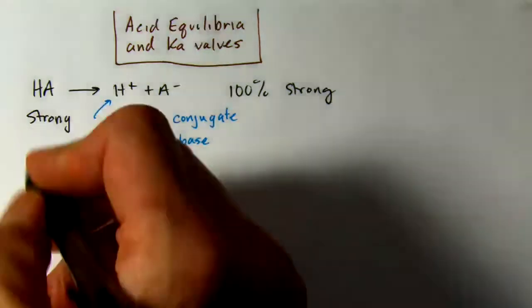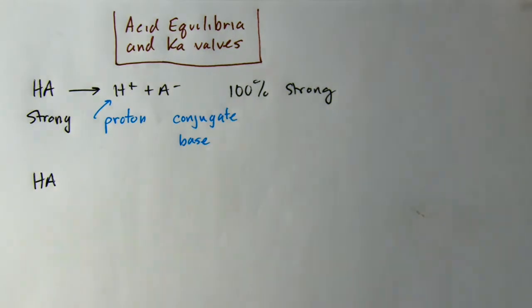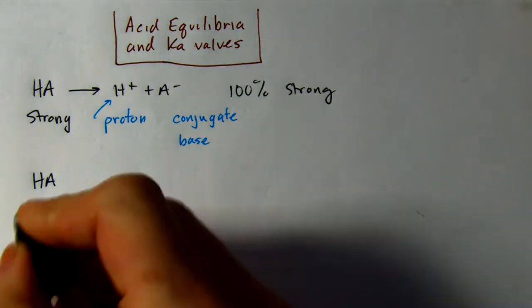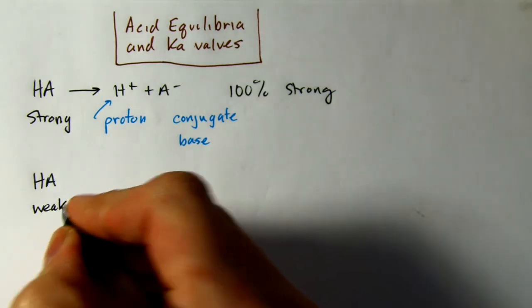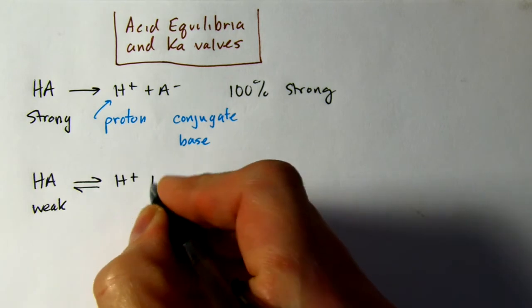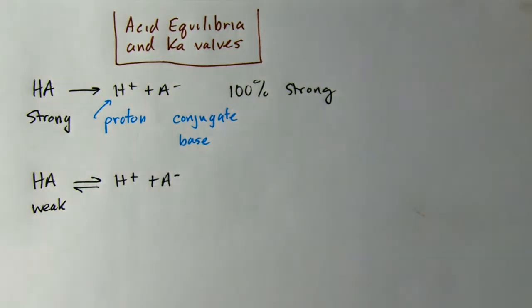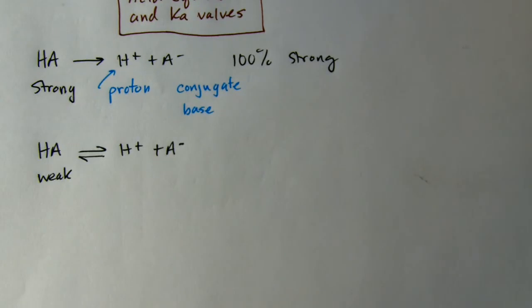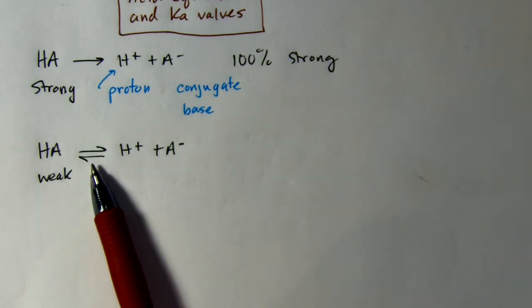Now we can also use the representation HA for a weak acid. And generally weak acids set up what's called an equilibrium. So now this back and forth motion, this reversible arrow, or double arrow here, stands for equilibrium.